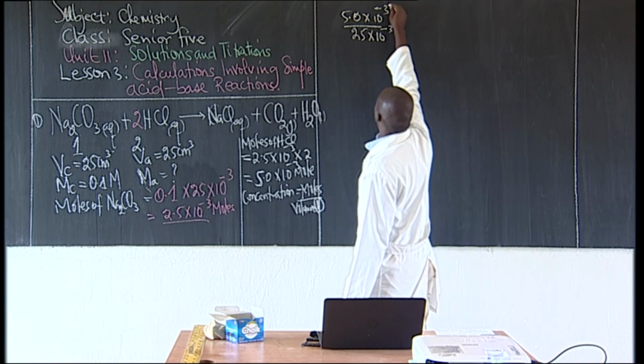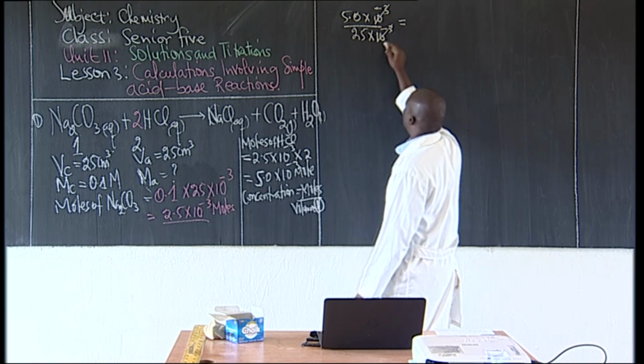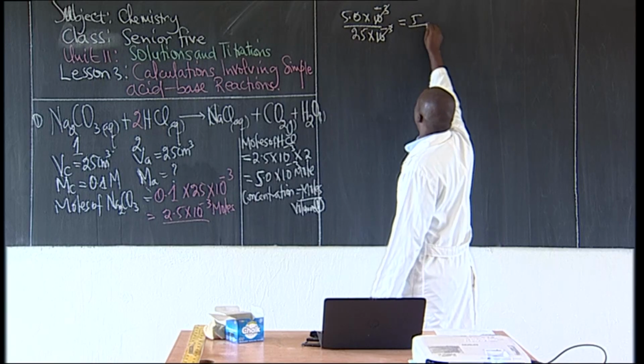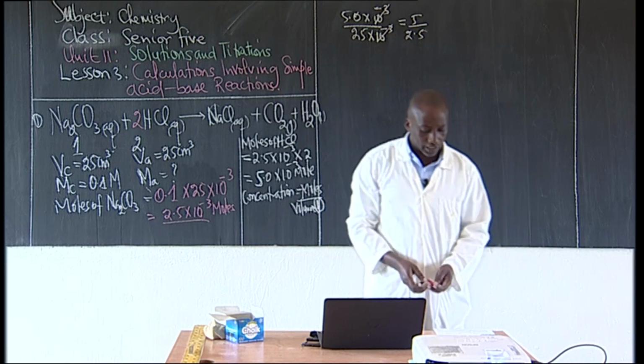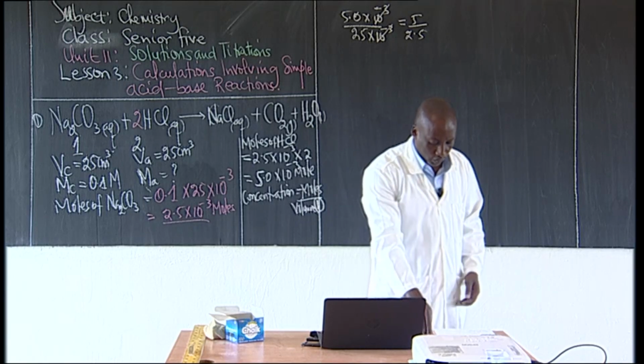So this will cancel, and you'll have 5 divided by 2.5.